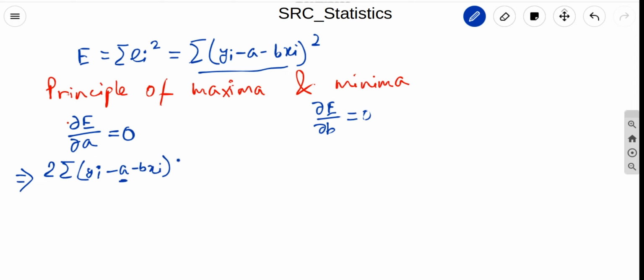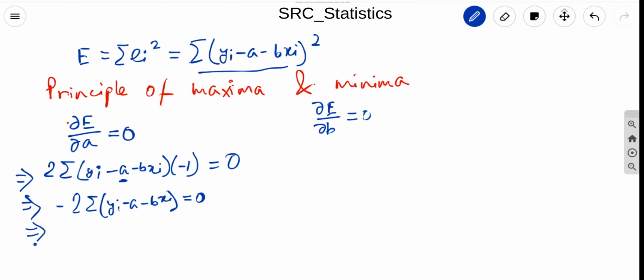Minus a differentiated with respect to a becomes minus 1. Putting it equal to 0 gives us minus 2 summation (yi minus a minus bxi) equal to 0.